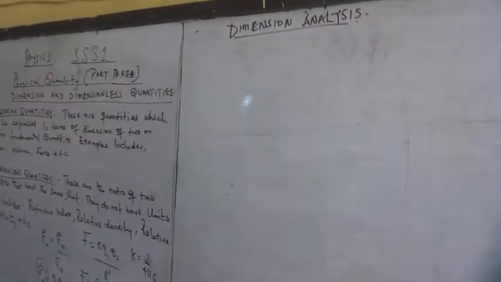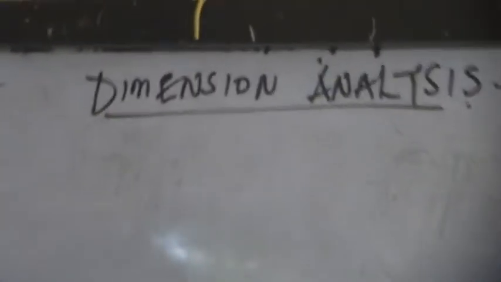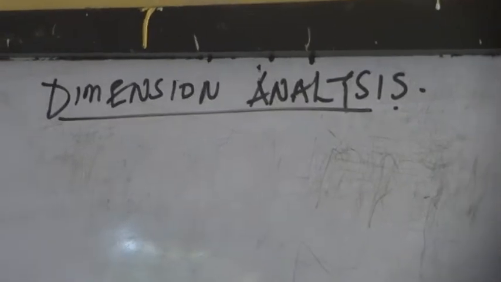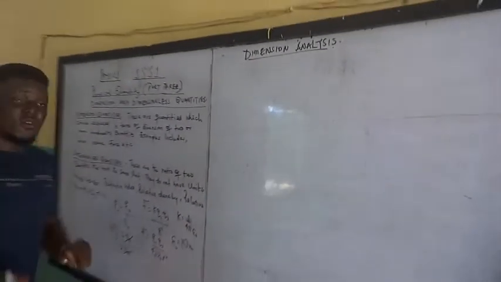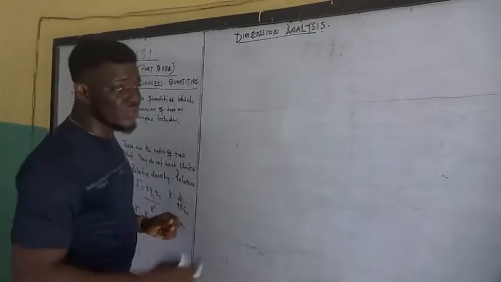For dimensional analysis, we are going to be considering how we can find the relationship between quantities in a dimensional way. Dimension is a quantity which is expressed in terms of the dimensions of two or more fundamental quantities. What are they trying to say there?